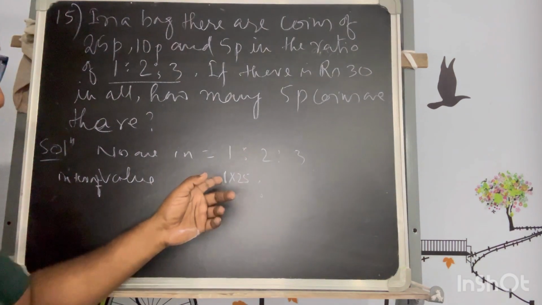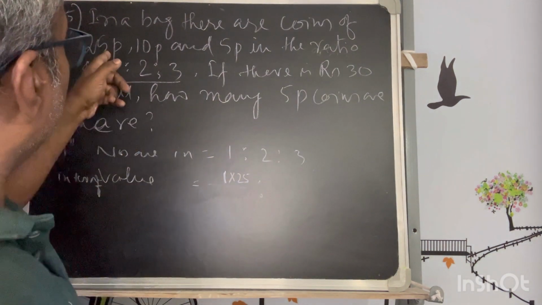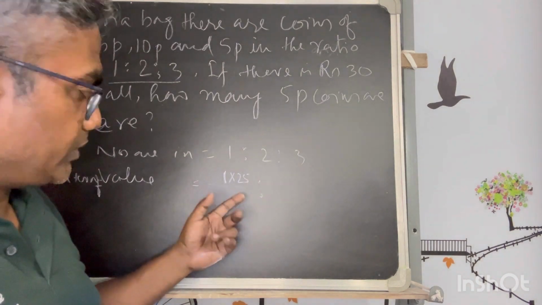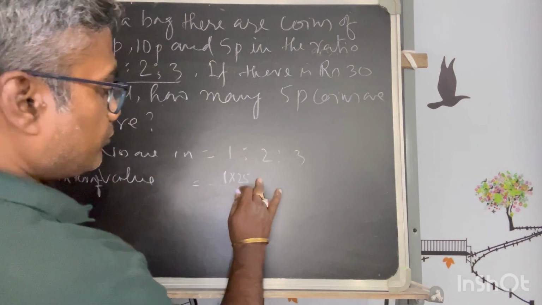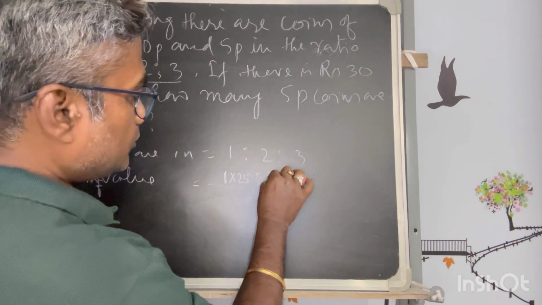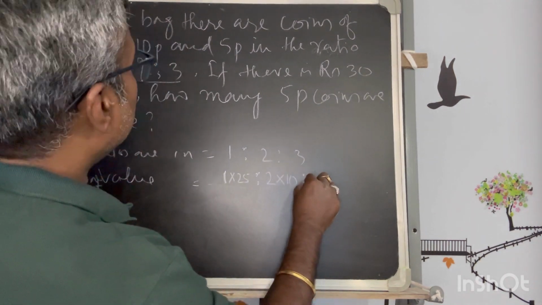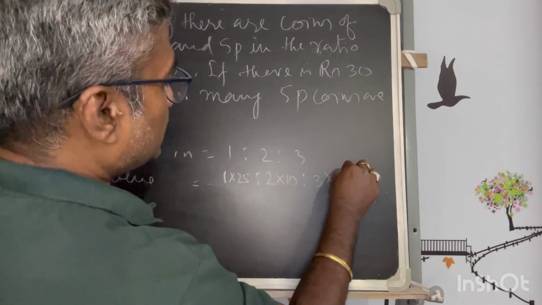So if I want to multiply with the valuation of the quantity, I will get the equivalent value of this. So 2 has to be multiplied with 10 paisa, the value of this, and 3 has to be multiplied with 5 paisa.